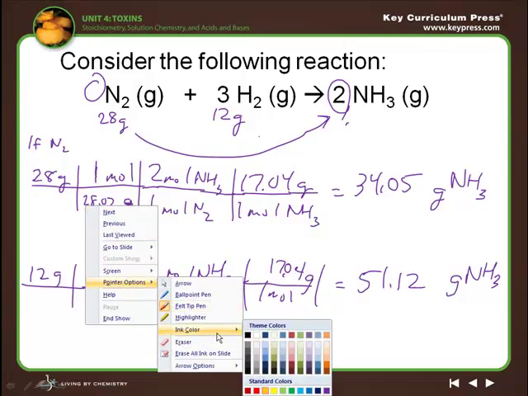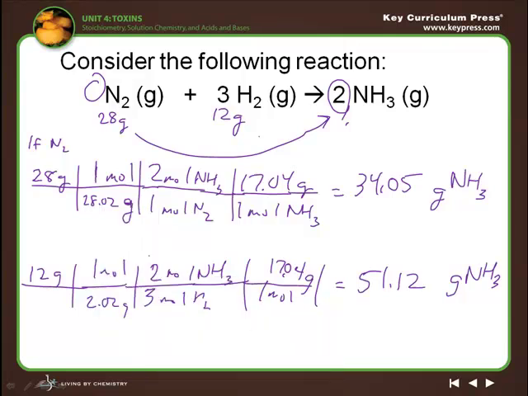On this here, the grams cancel. The moles of N2 cancel, the moles of NH3 cancel, and you're left with grams at the end. This one, the grams cancel, moles of NH3 cancel, and you're left with grams at the end.